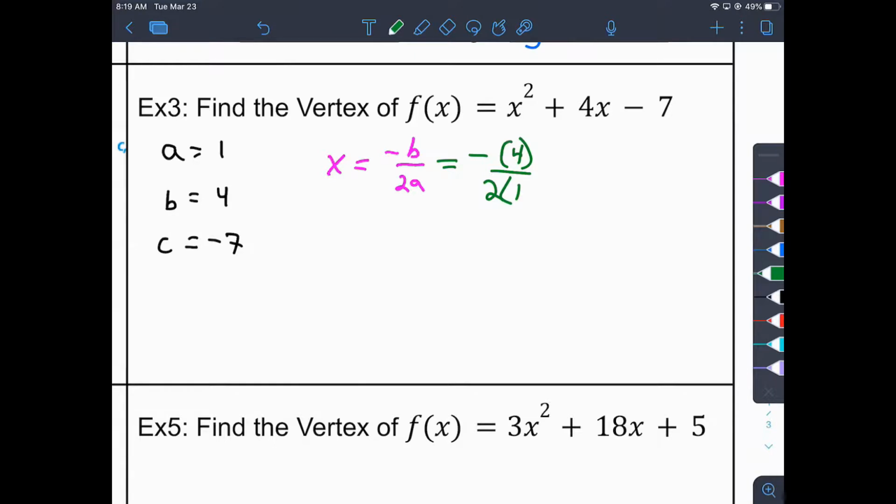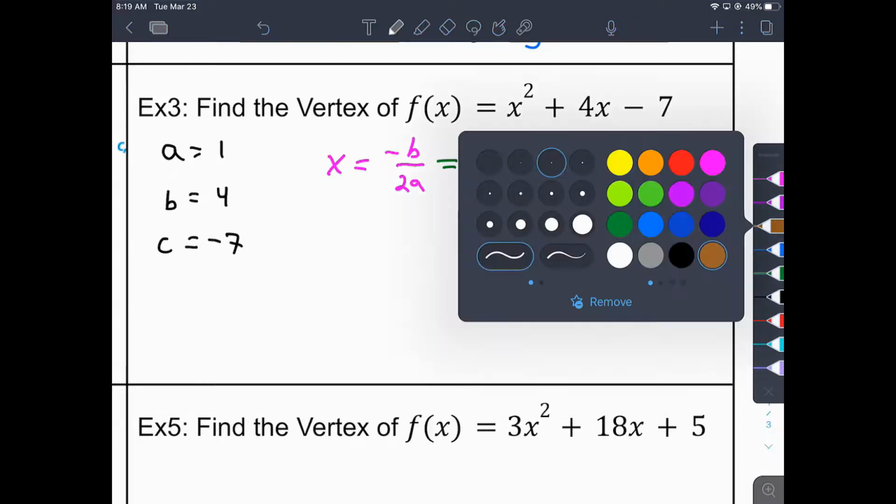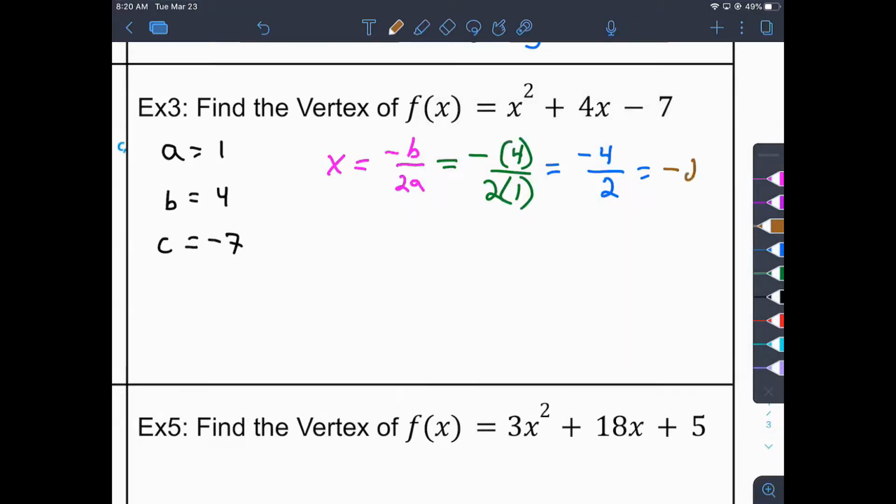Now the a value is a 1. So what does this give us? Well, negative times 4 is simply negative 4. 2 times 1 is 2. And we should reduce this if we can. Negative 4 divided by 2 is a negative 2.